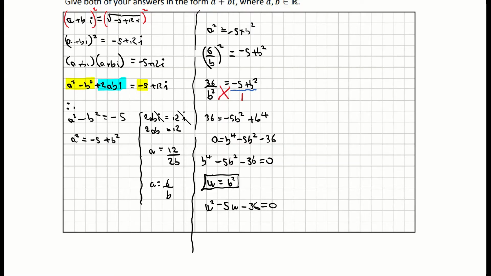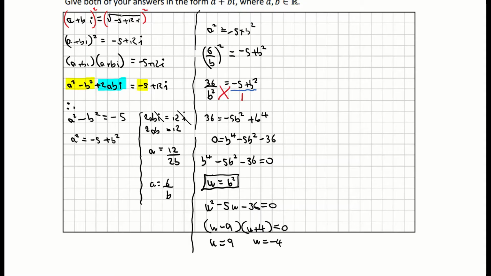Now again, I'm using u substitution. You don't have to. You can find a different way if you prefer. If I find my factors, I'm going to get the multiples of 36 that add to negative 5, which are negative 9 and positive 4. So therefore, u is equal to positive 9 and u is equal to negative 4.